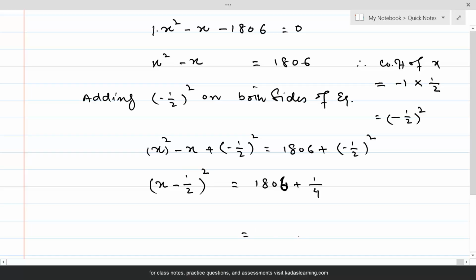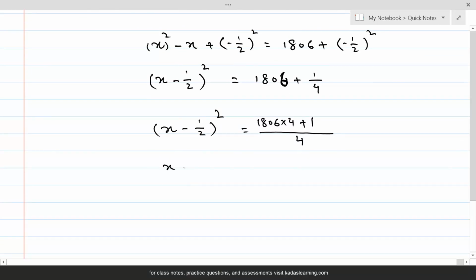And if you take LCM on the right hand side, this will become 4, and we'll have to multiply 1806 times 4 plus 1, and on the left side this is x minus 1 by 2 whole square.